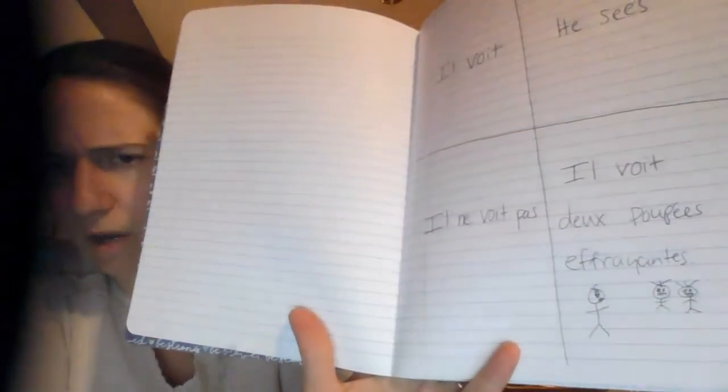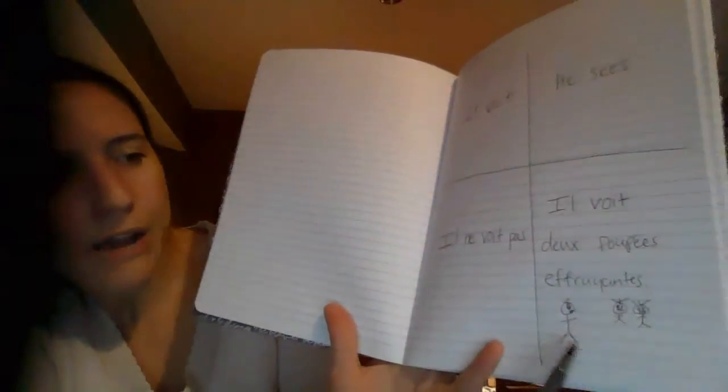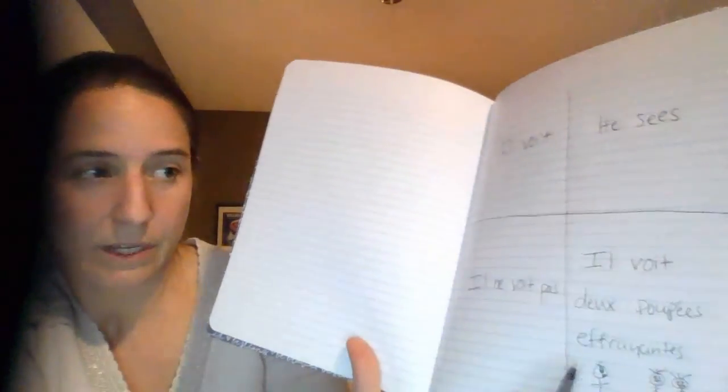Not being an artist, it's kind of hard to decide what qualities will make it effrayant, but there you go. Il voit deux poupées effrayantes. I could do more here to make it clear that what I'm showing is he sees, il voit. However, I have it up here, so that's not absolutely necessary. But if you're an artist and want to add more detail, you can do that. I'm sorry this is not super visible because of the lighting in here, but I think you get the idea.